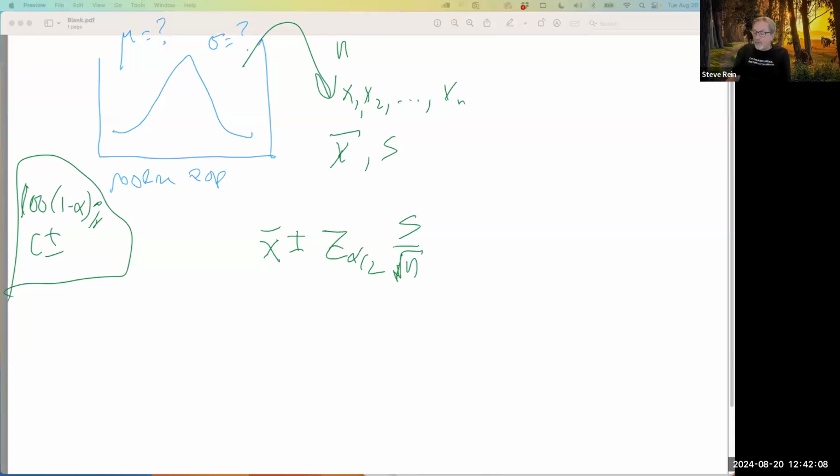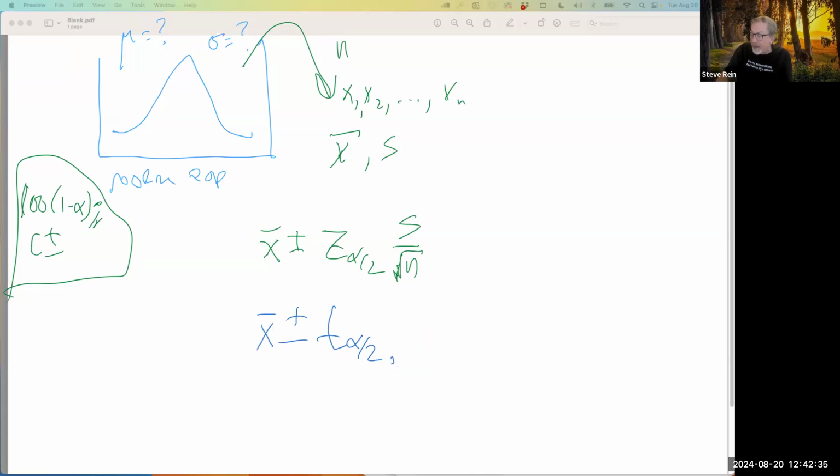And what we're going to tell you today is, no. Don't use Z. Use instead this other curve that we will term the T curve. X bar plus or minus T alpha over 2, degrees of freedom. Alpha over 2 is the upper tail area, but it's also characterized by what we will term degrees of freedom, df, in the subscript.